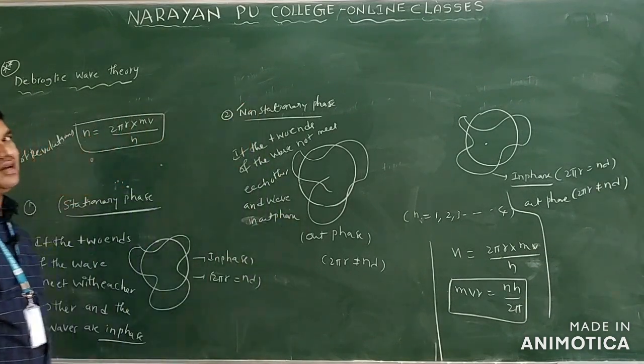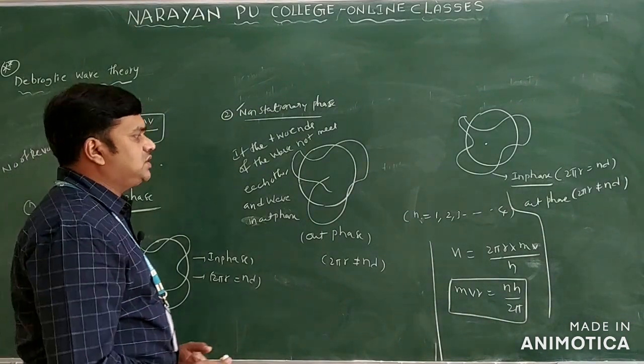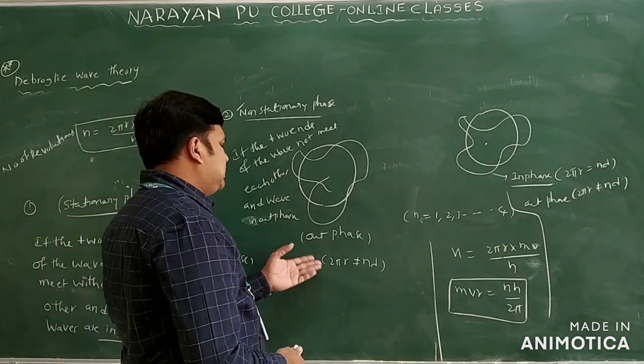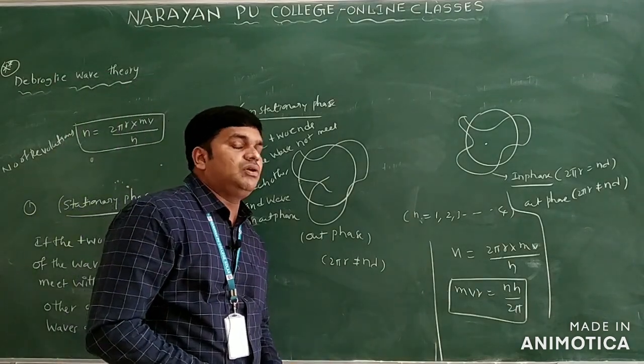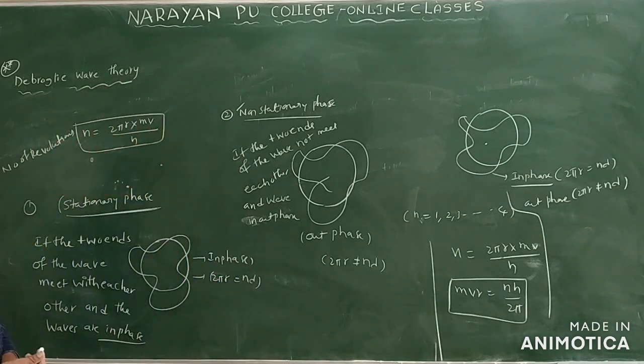We call this a non-stationary phase. If the wave is in stationary phase, we get 2 pi r equals n lambda, that is, the circumference is equal to an integral multiple of the wavelength. In the other case, the circumference is not equal to an integral multiple of the wavelength. This is regarding de Broglie's wave theory.